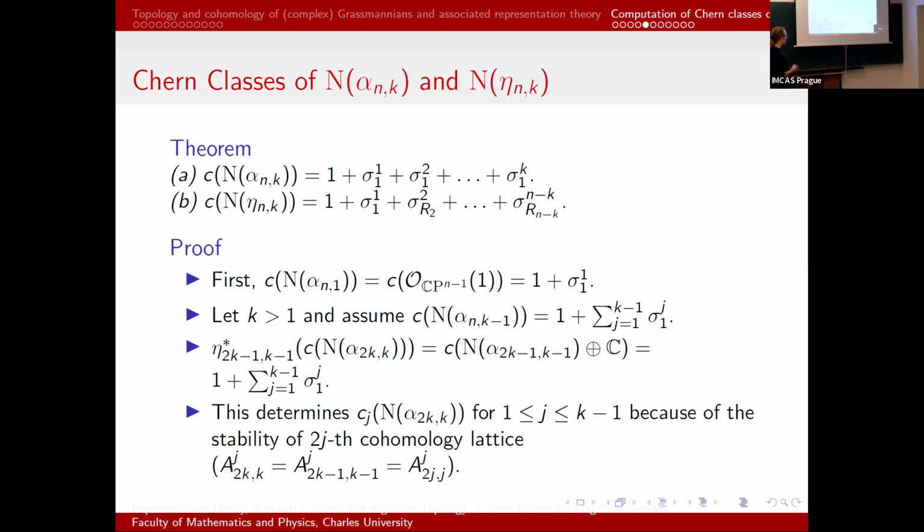And now we take k greater than 1 and assume that the statement holds for k minus 1. So we assume that the Chern class of alpha_{n,k-1} for all n is 1 plus the sum of the column partitions. And then we look at the horizontal pullback of the vertical normal bundle alpha_{2k,k}.